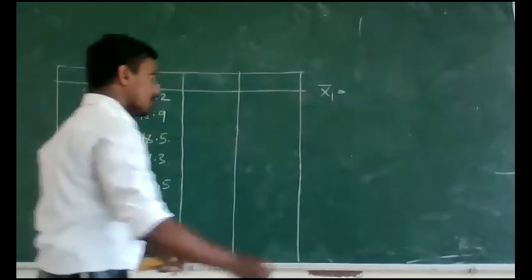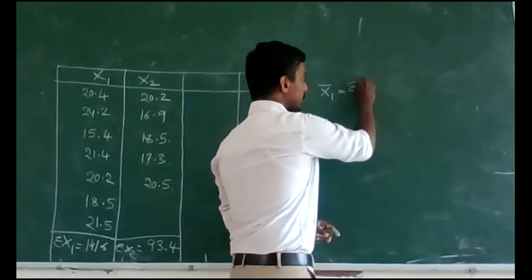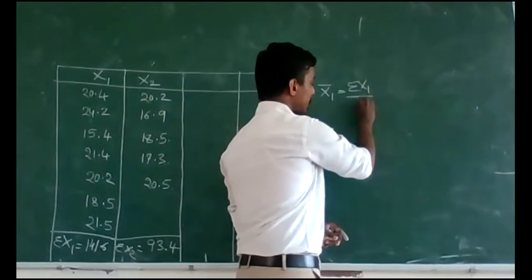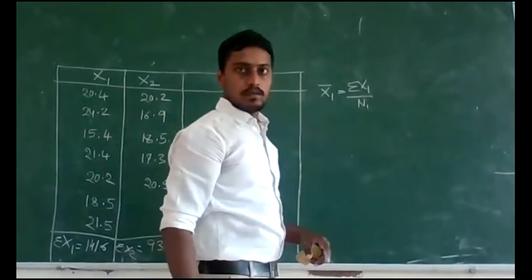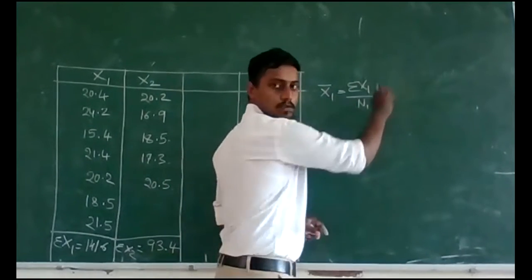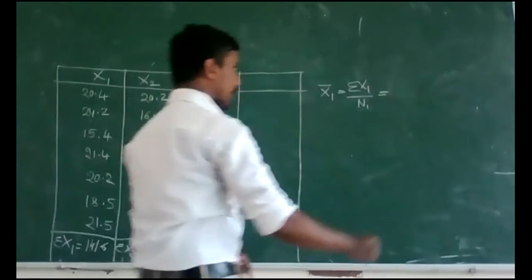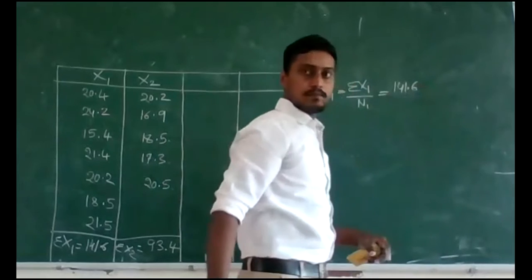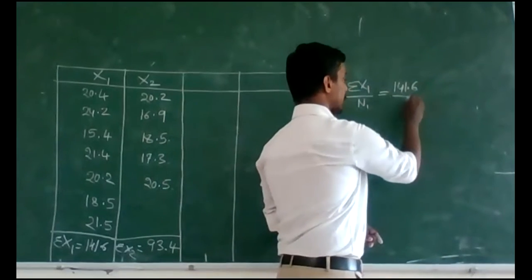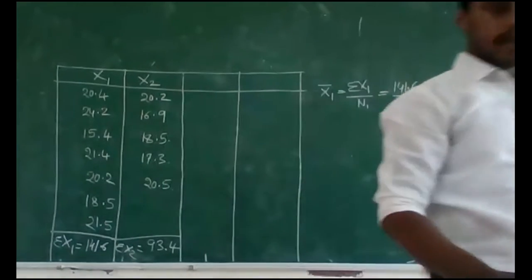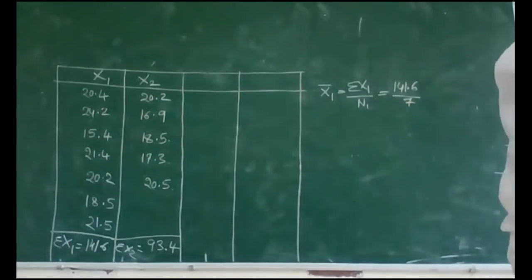x bar 1 is equal to summation of x1 divided by n1. So 141.6 divided by 7. Find out how much.